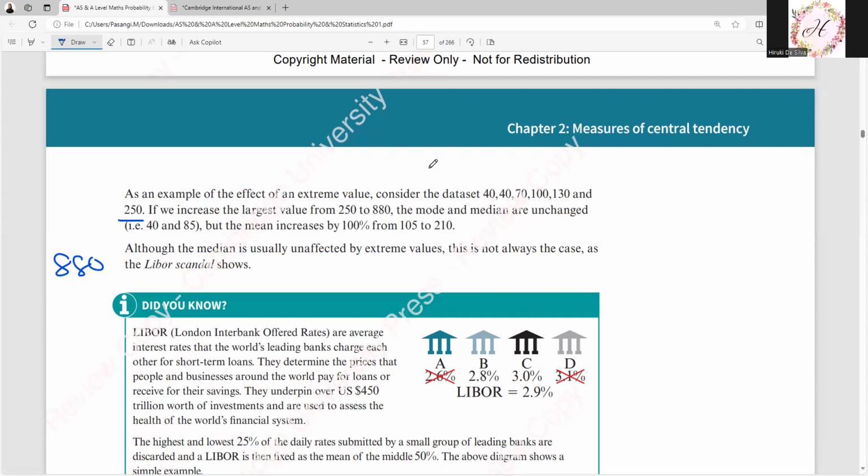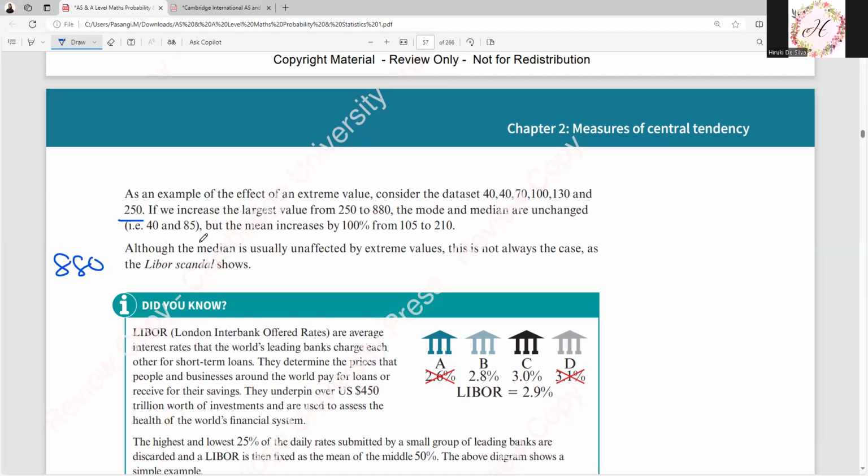For the previous original data set, if you calculate, it was about 105. By having this 880, the highest value, it would be 210. See, it has been completely doubled up. 100% increase.